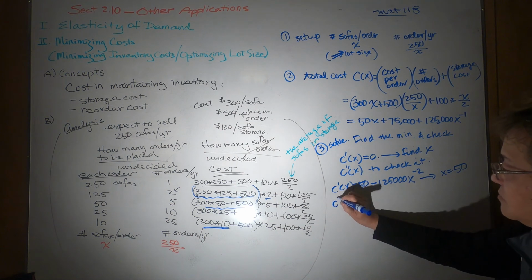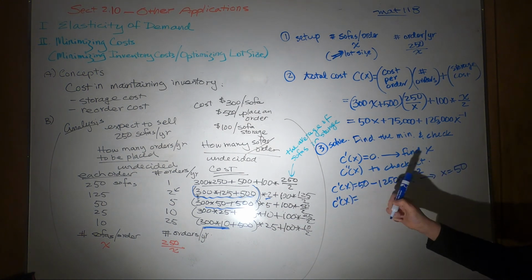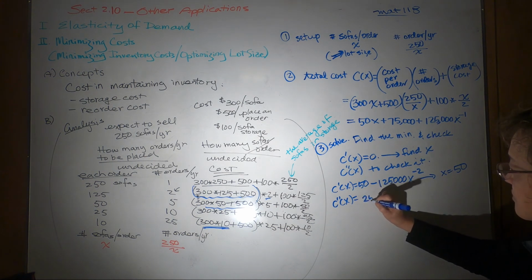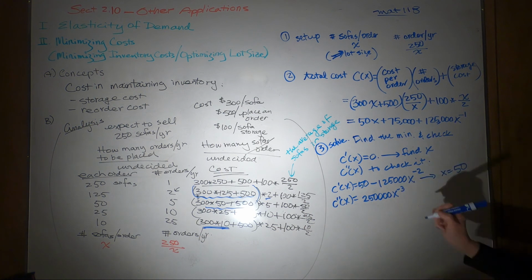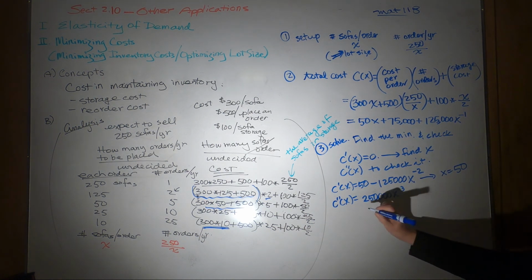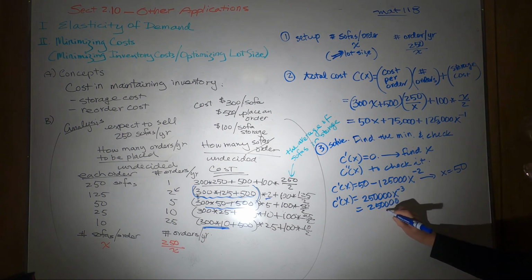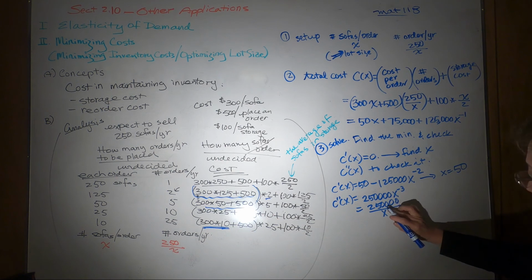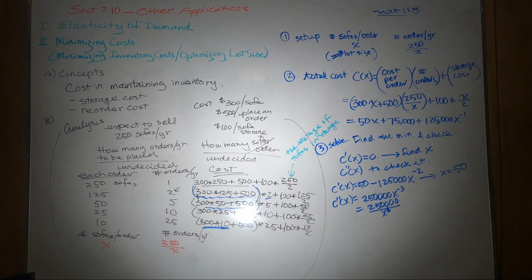Then C double prime of x, you take a derivative for this, and it will be positive: 250,000 x to the negative 3, that would be 250,000 over x cubed. But we know x is what? A positive number.